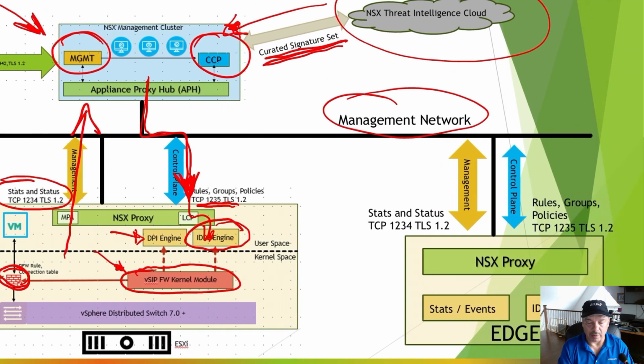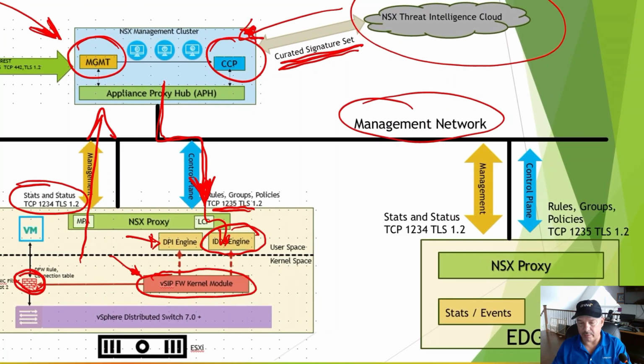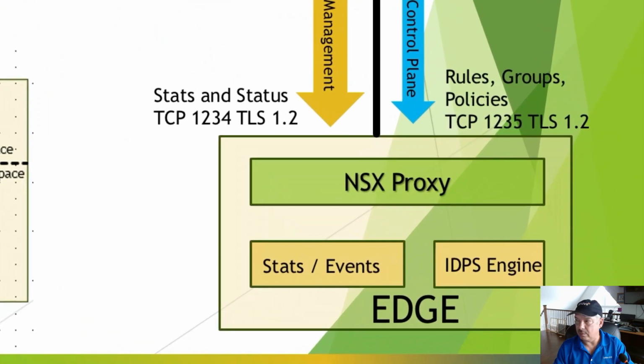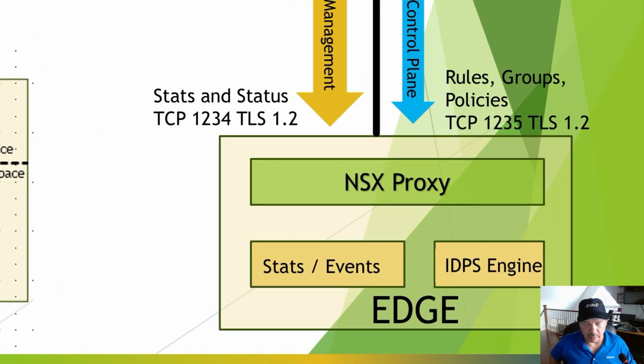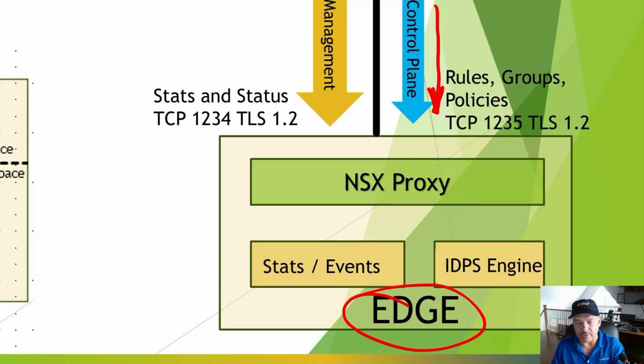When we talk about our edge now, there we go, I still got my picture in there. So when we talk about the edge, same kind of concept. The edge over here, whether it's bare metal or a VM, the policies get pushed down through the control plane, again over port 1235, goes through the NSX proxy and gets put into the IDS IPS engine.